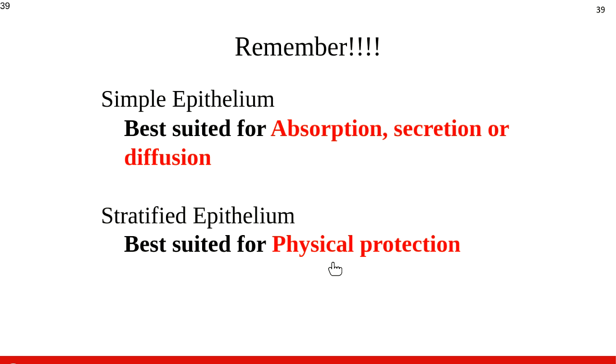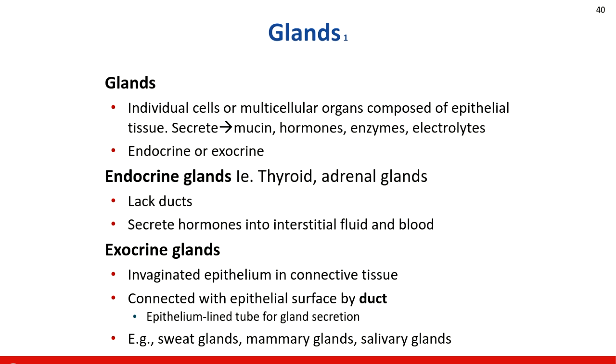Okay? Now we're going to switch gears here, staying with epithelial tissue, but we're going to talk about glands. All right? So let's first talk about what a gland is. Now glands can range from an individual cell, like we saw with the goblet cell, to a multicellular organ that's going to be composed of that epithelial tissue.